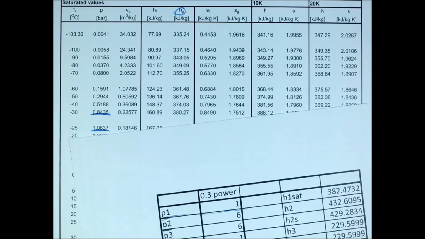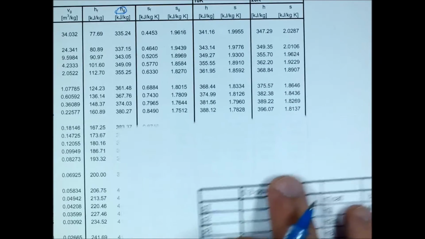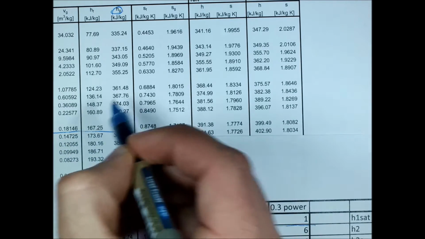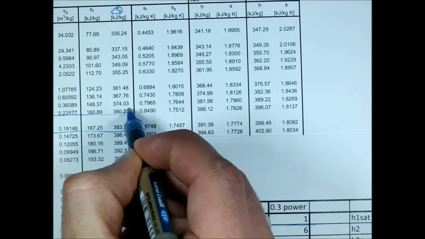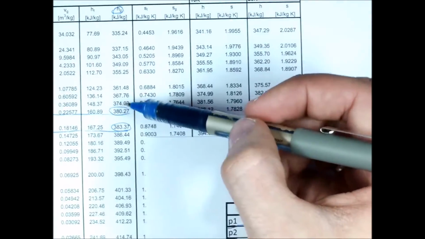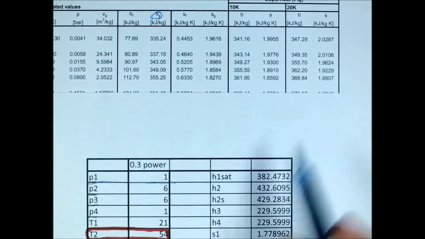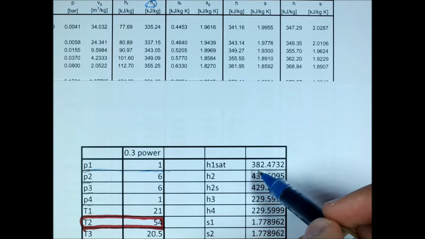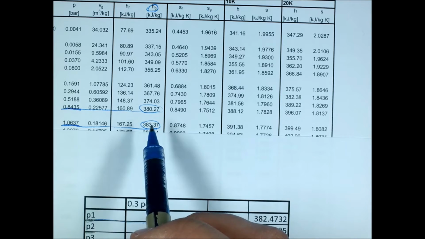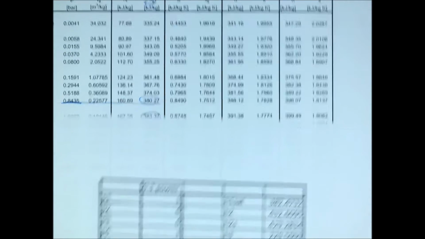Now, obviously, I've done the calculations beforehand, and if we track these two lines here, we see that they correspond to enthalpies there, and we expect the enthalpy at 1 bar to be somewhere between these two values, and fair enough, there you go. The enthalpy is 382.47, which is closer to this one, as 1 is closer to this value. Okay, this is 1 point done.